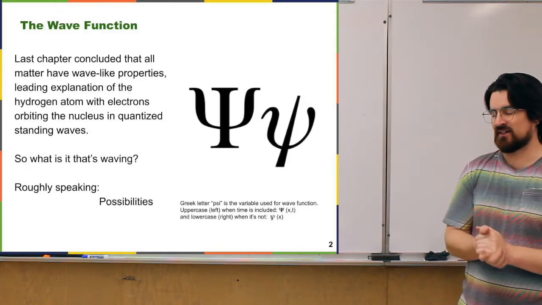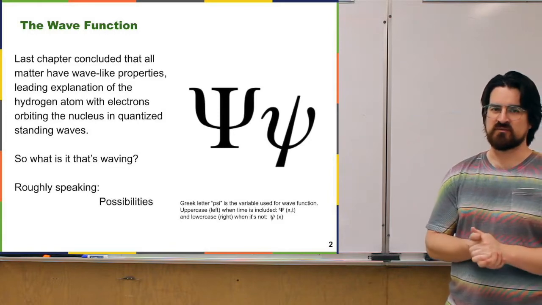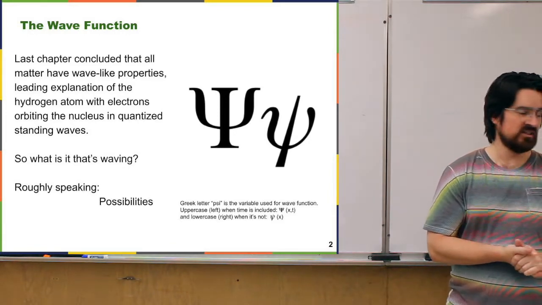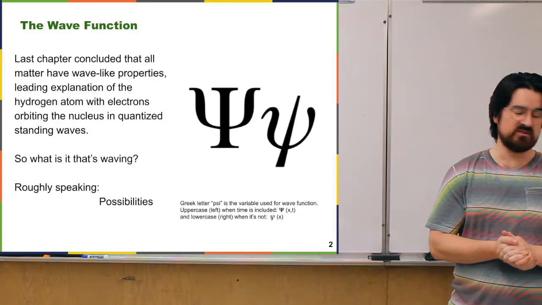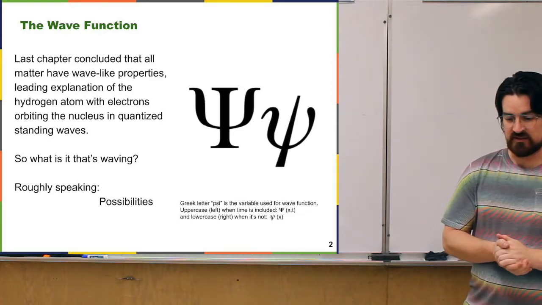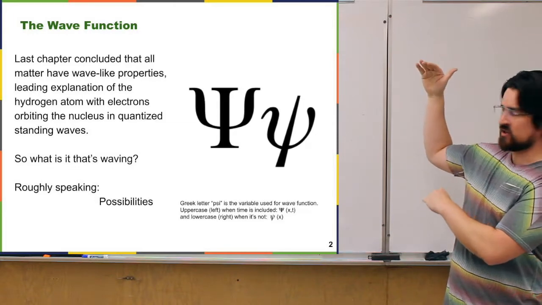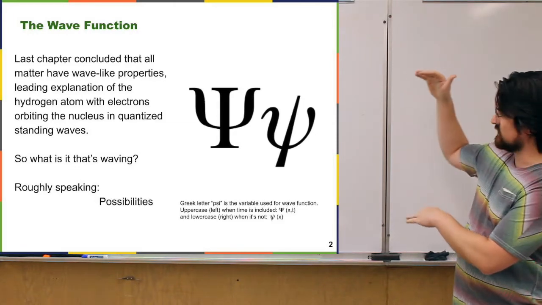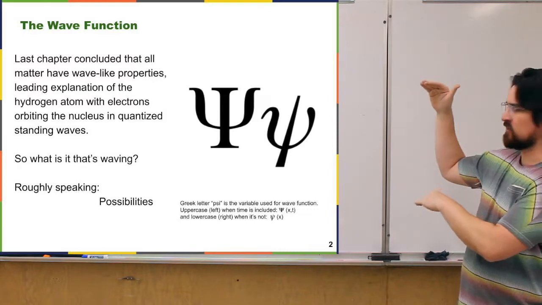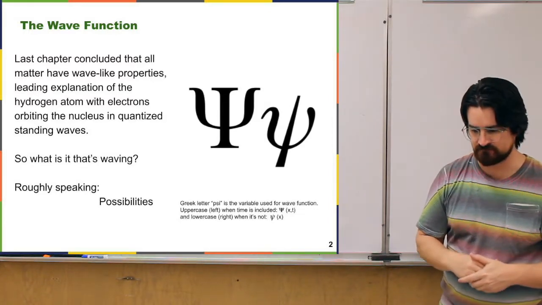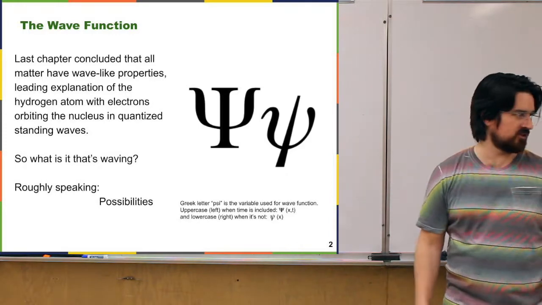There are so many different fonts and ways to put psi into things, and it's really hard to keep it all straight. I tried though. Basically, if it has the top and the bottom and it's symmetric looking, that's the capital psi. If there's no top or bottom to it, it's kind of tilted to the side, that's our lowercase psi. And psi, of course, being the wave function.